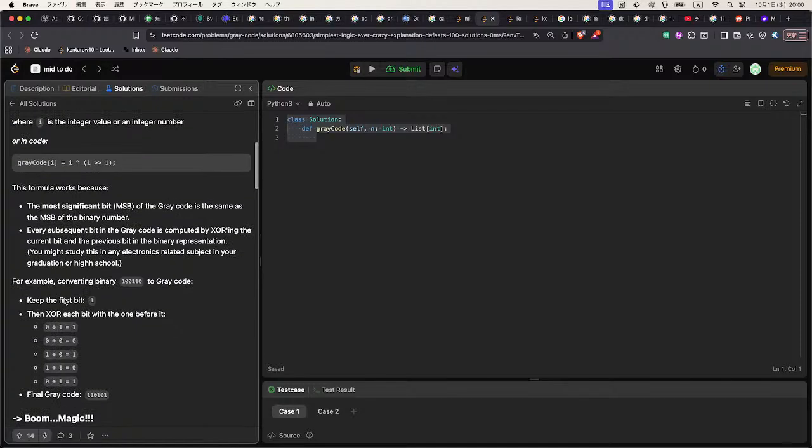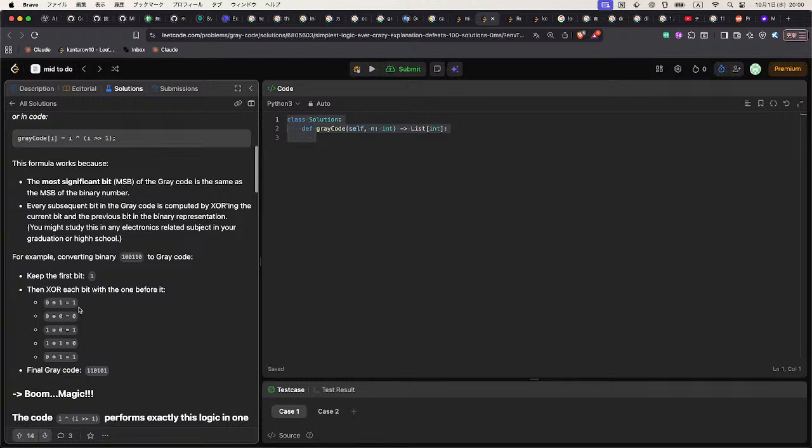For example, converting binary 100110 to gray code: keep the first bit 1, then XOR each bit with the one before it. What? 00110. How about this?